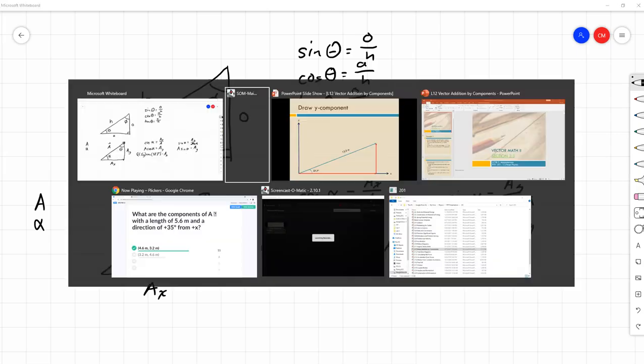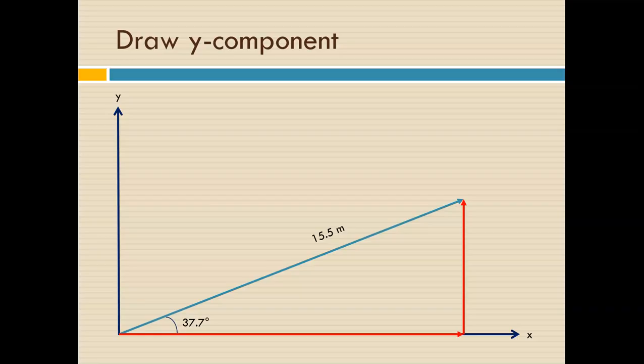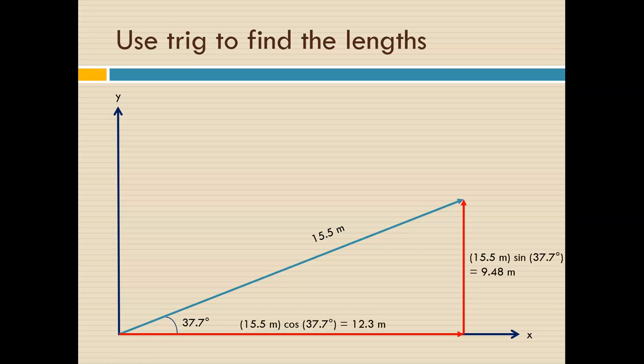So let's move on. Now that we know how to do that, all I have to do is draw the y component and then use the trigonometry functions to find the length, and we get 15.5 meters times the cosine of 37.7 degrees gives us 12.3 meters. And 15.5 meters times the sine of 37.7 degrees gives us 9.48 meters.